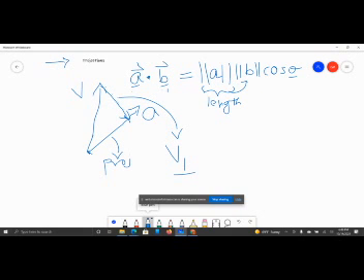And so the question then would arise probably, how do you find this? This is the angle between V and A, theta. And if you look at it now, this is actually a right triangle. So if we simply take the length of V for a moment, V cosine theta would be this length.